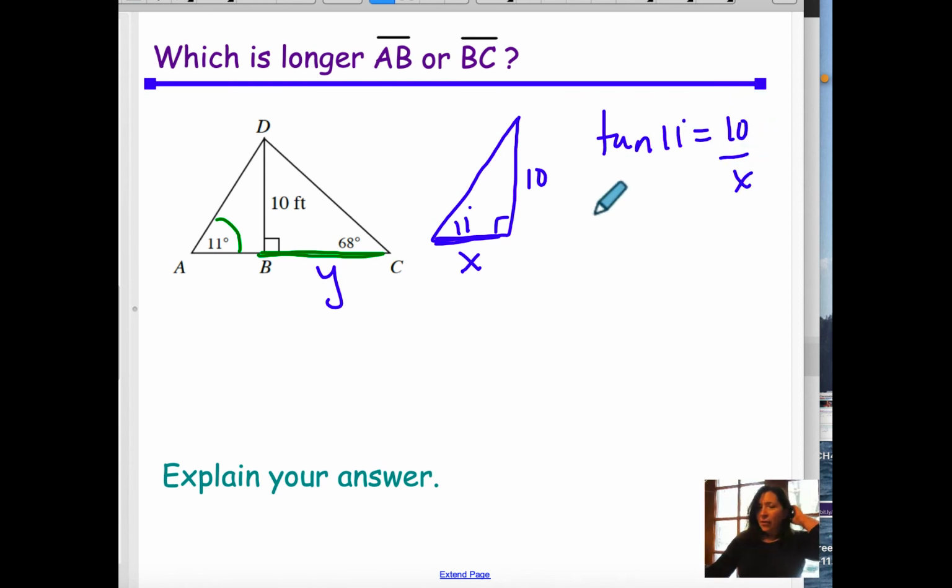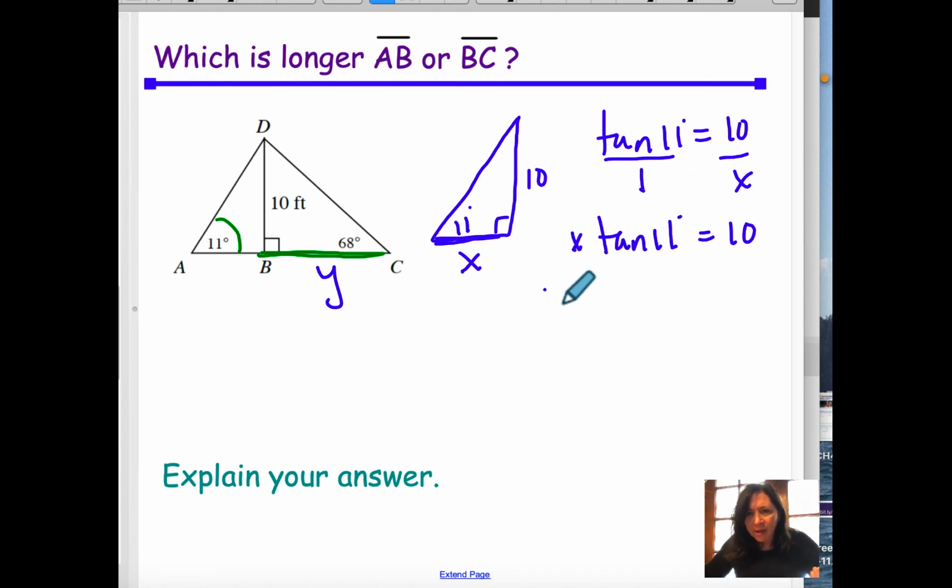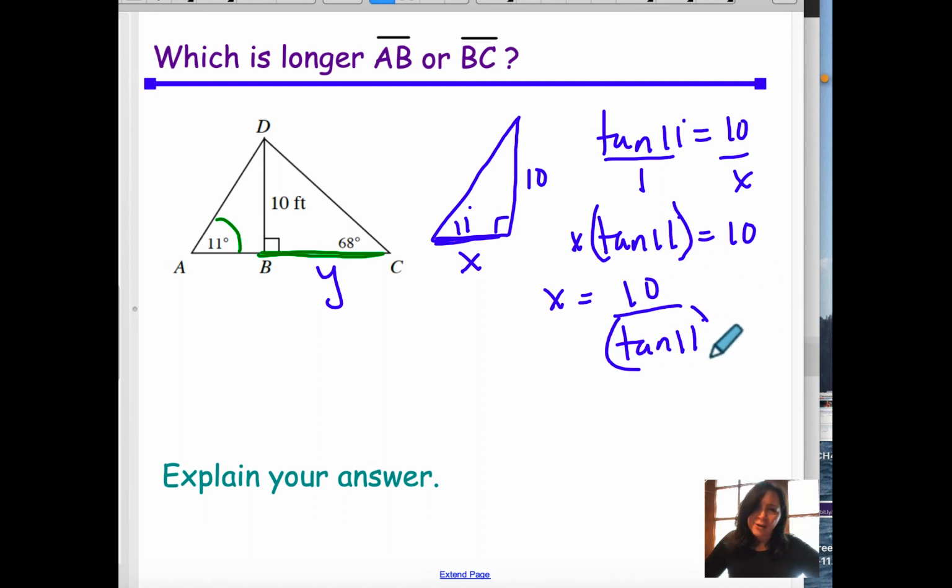Now, two things. First of all, when I'm finding these angles, just a note, I could have said that 90 minus 68 is 22. And instead of putting myself here, I actually could have put myself here and said tangent of 22 degrees is equal to y over 10. And then just cross multiplied, 10 times tangent of 22.